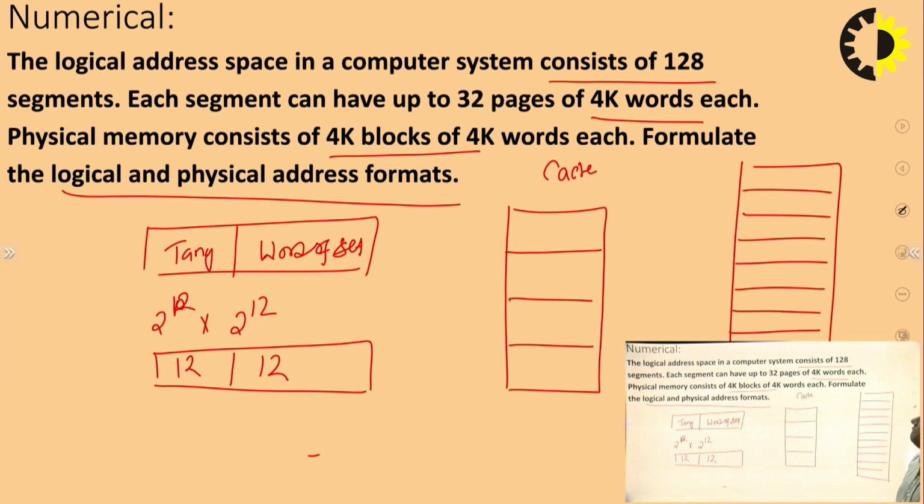That is the physical address format. And what is the logical address format? It means these number of blocks can be accumulated into this cache memory, so that each page is divided into 32 number of blocks.